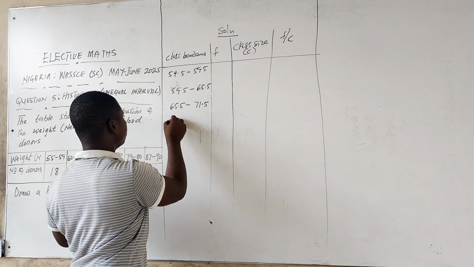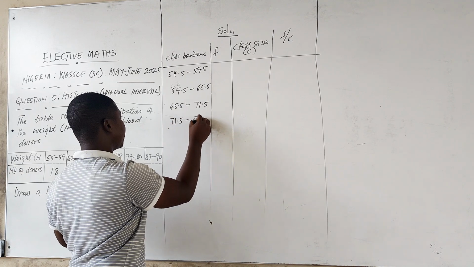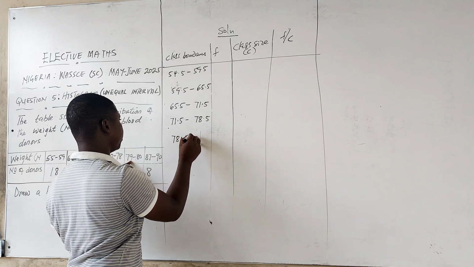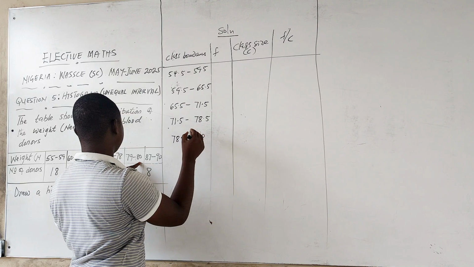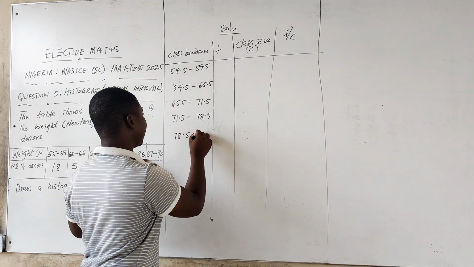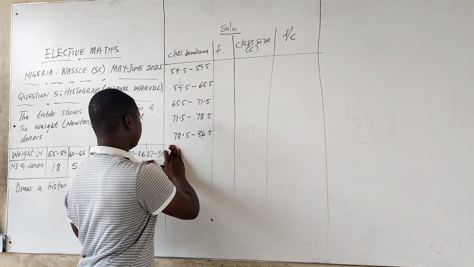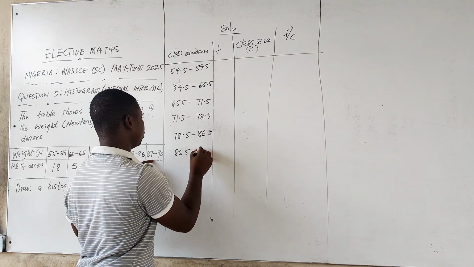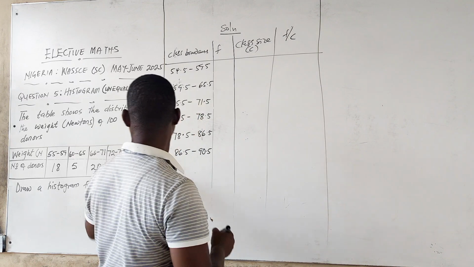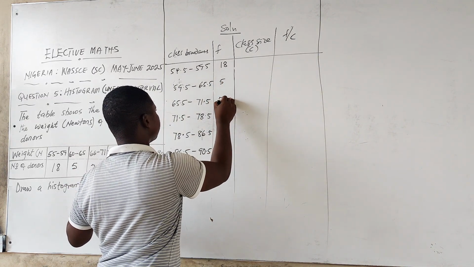This one, 71.5 to 78.5. This one will be 78.5 to 86.5, and this one will give you 86.5 to 90.5. So this is our class boundary.